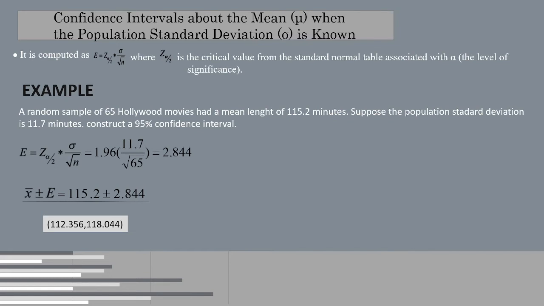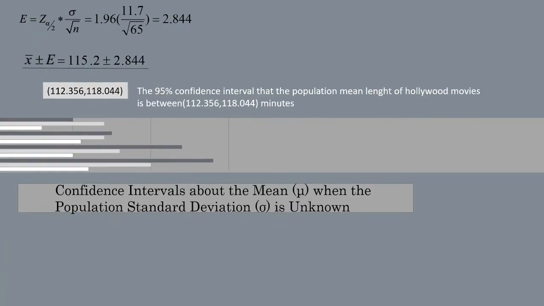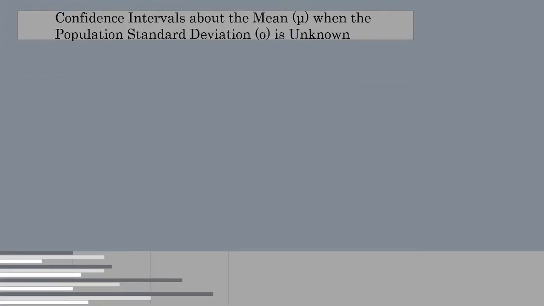And finally, we conclude that the 95% confidence interval for the population mean length of Hollywood movies is between 112.356 and 118.044 minutes.